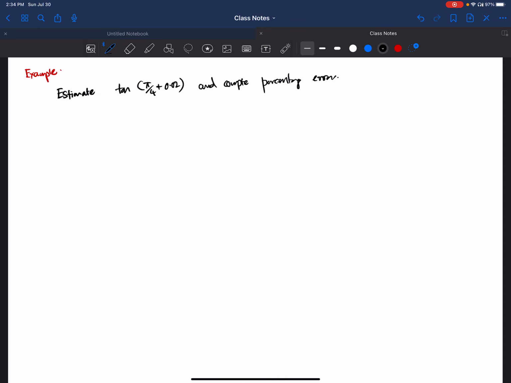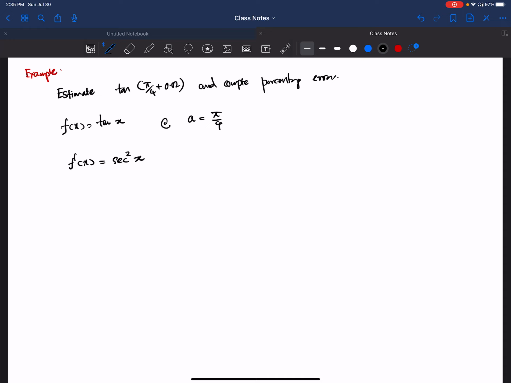So if I define f of x as tangent x and at a equals pi over 4, we can linearize it. To linearize this, you need to find f prime of x, which is equal to secant squared x.